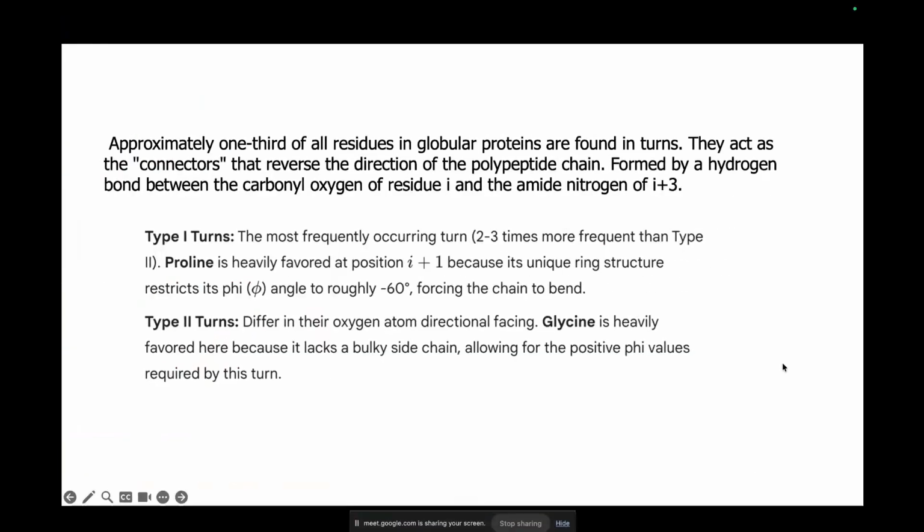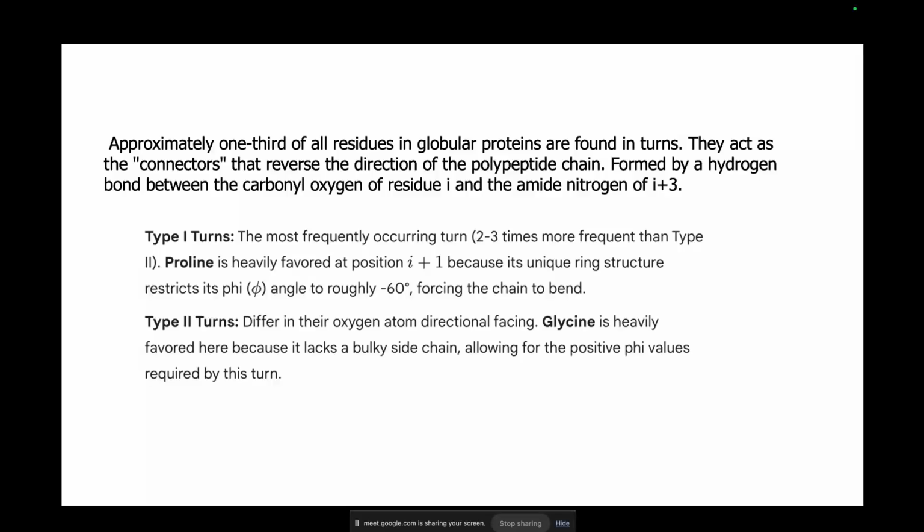Now approximately one third of the residues in globular proteins are found in turns. They act as connectors that reverse the direction of the polypeptide chain, formed by hydrogen bonding between the carbonyl oxygen of the residue and the amide nitrogen of residue I plus 3. There are different kinds of turns that are possible.